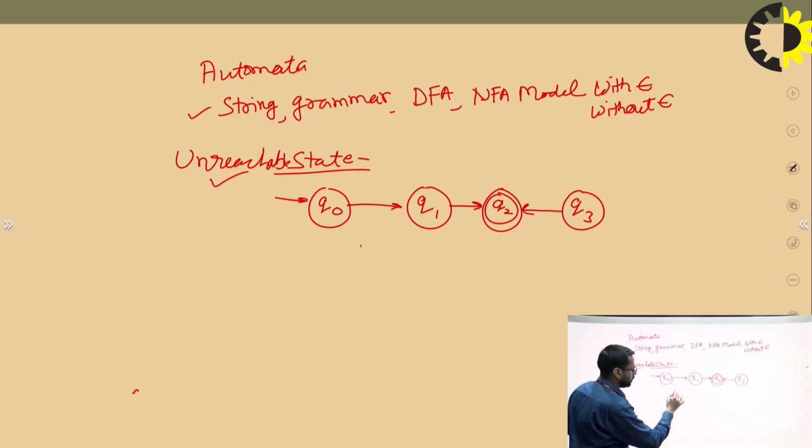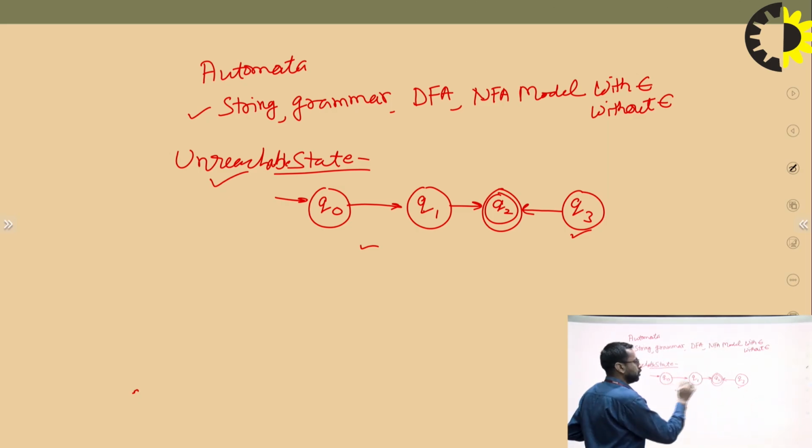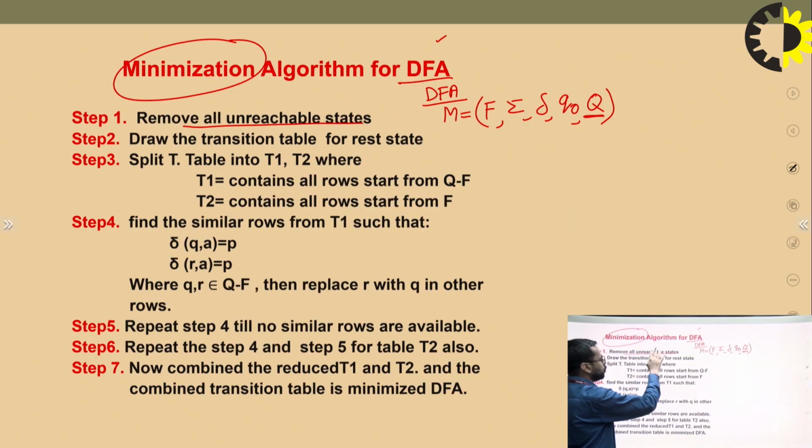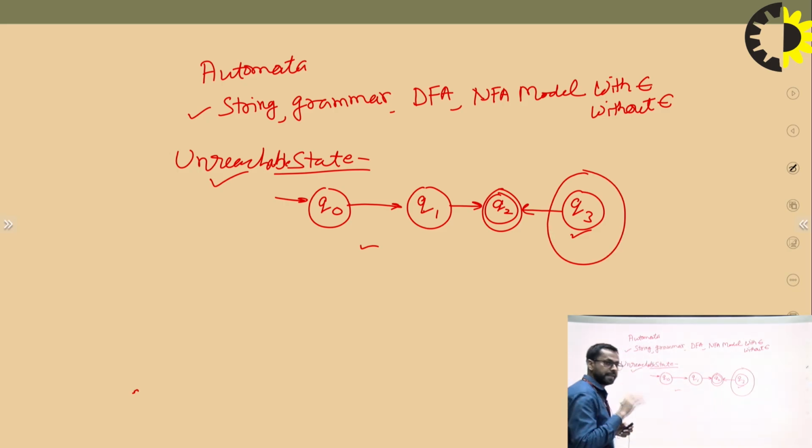For this context, Q naught is the initial state, Q1 can be reached from Q naught, Q2 can also be reached from Q naught, but this state Q3 is basically the state which cannot be reached from Q naught. So in the minimization algorithm for DFA, the first step is to remove the unreachable states. Such states that cannot be reached from the initial state are eliminated from the model or from the transition table.